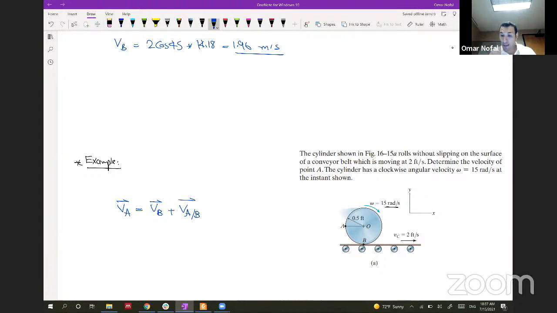The V at B is given, as all this conveyor belt is moving with 2 feet per second. So the velocity here is 2 feet per second as well.